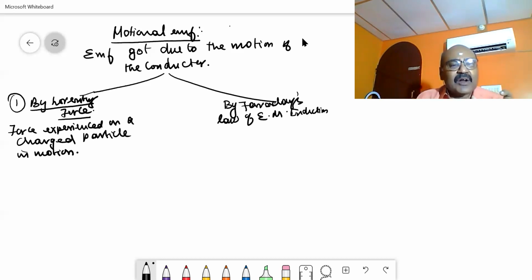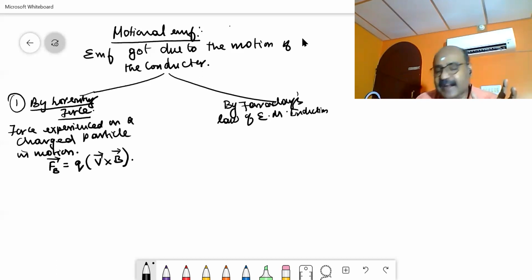Usually the magnetic Lorentz force is given by F_B vector is equal to q, the charge that is in motion, multiplied with the cross product of velocity and the magnetic field. So this formula is a general formula which represents the Lorentz force.